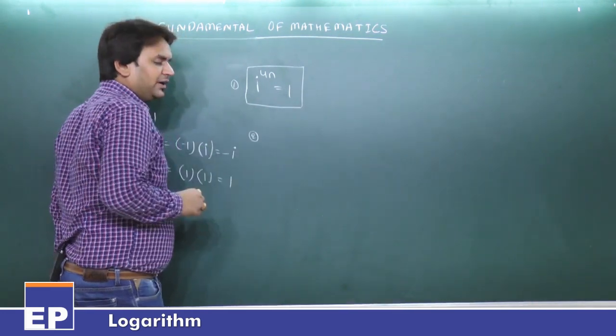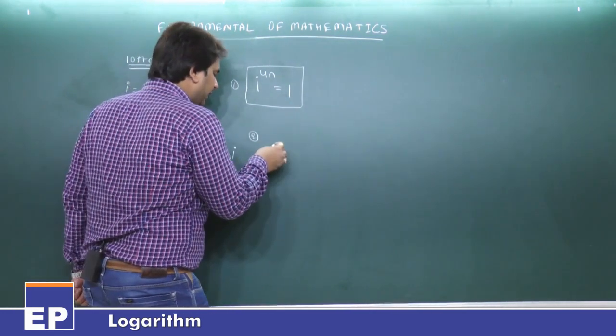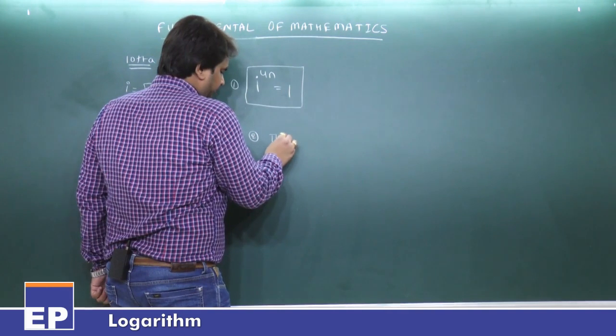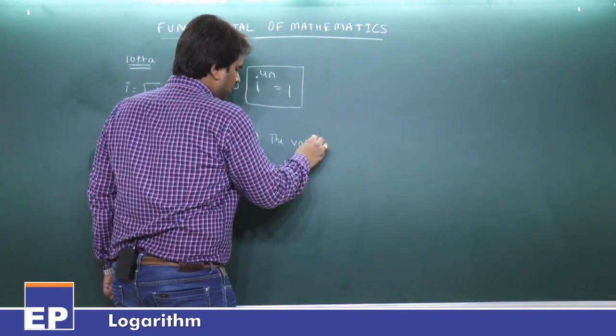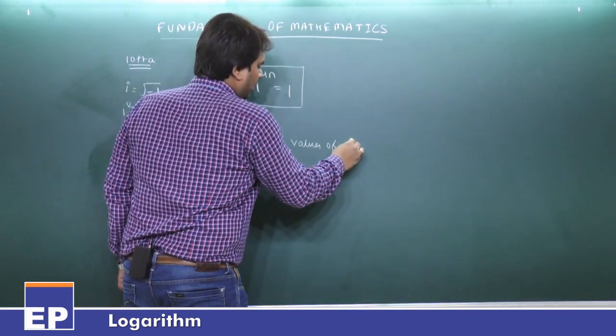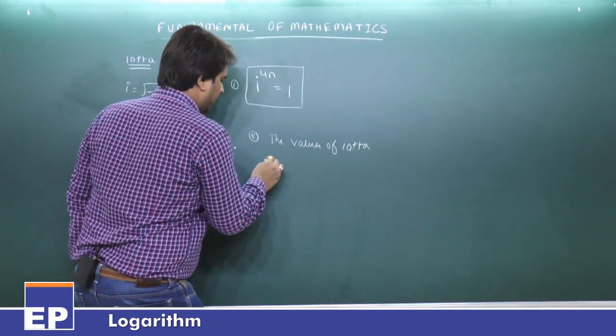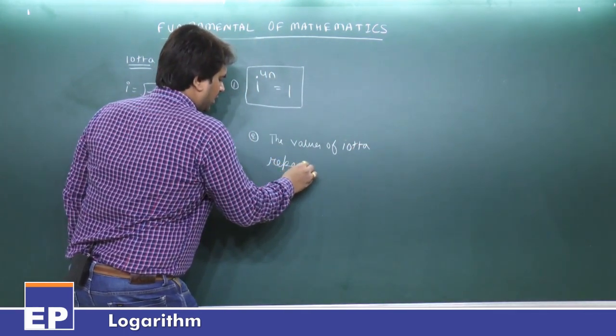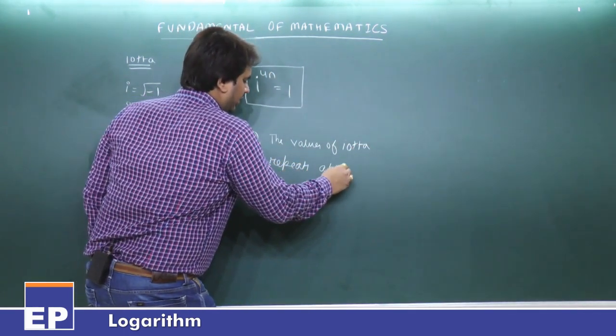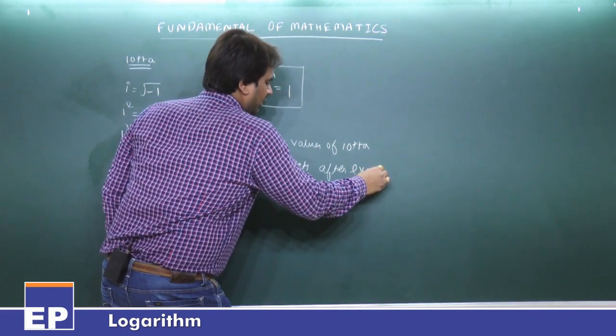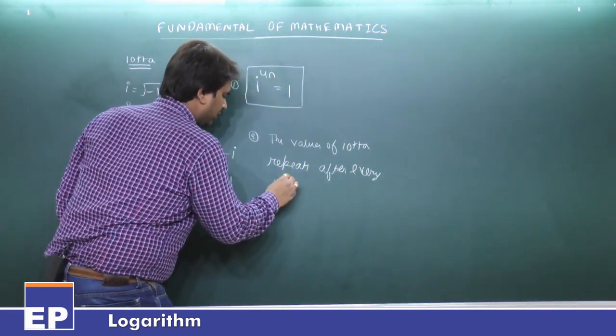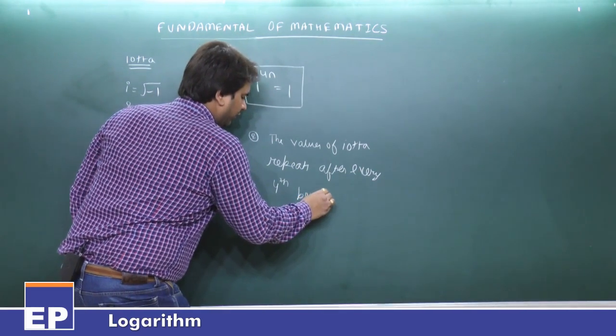The second property that I want to tell you is that the values of iota repeat after every fourth power.